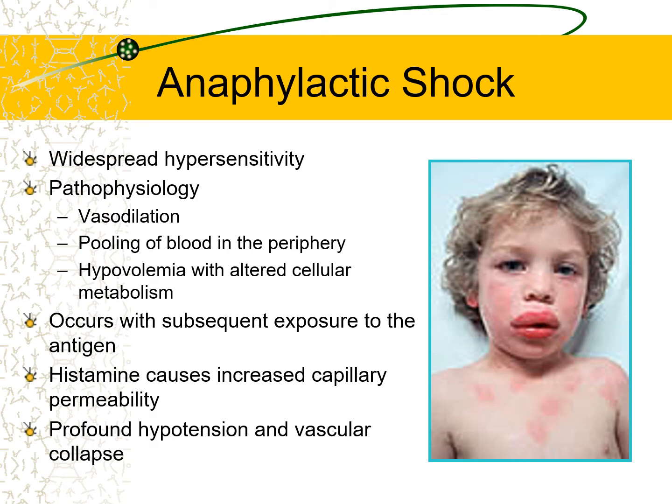I failed to mention that earlier. And that histamine dilates the arterioles and most peripheral vessels. This results in a falling arterial pressure and increased capillary permeability with rapid loss of plasma water into the interstitial fluid.